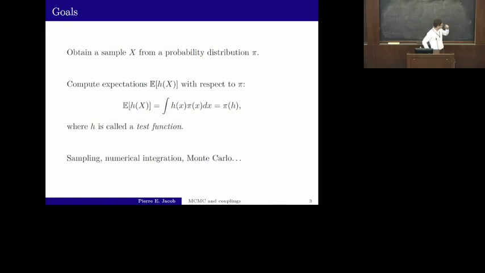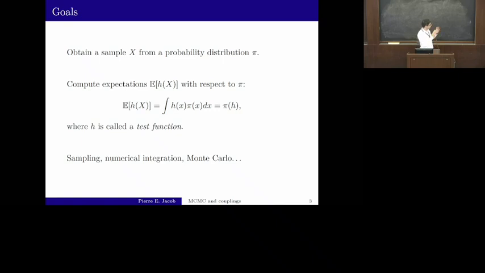And so the notation would be, assuming the state space is continuous, the integral of h of x pi of x dx, so that would be a continuous state space, while the distribution pi would have a density, denoted by also pi, as an abuse of notation. But in fact, it could be that the state space is discrete. It could be that it's a mix of discrete and continuous components. Right? So I'm using quite a generic notation that is supposed to encapsulate various cases that might be of interest.